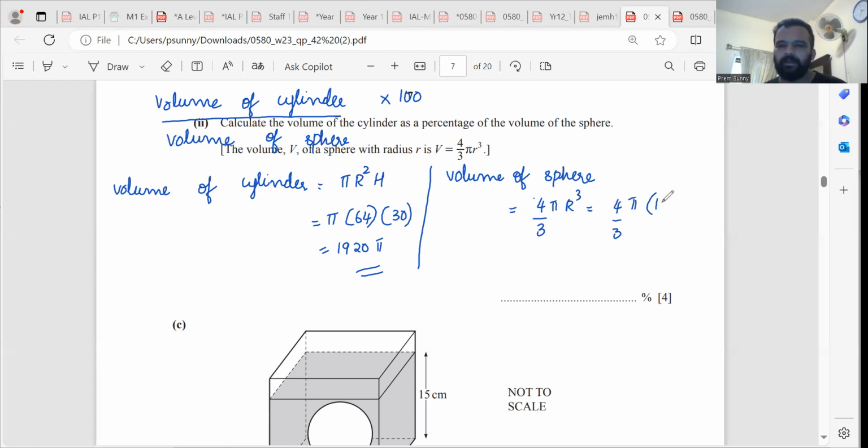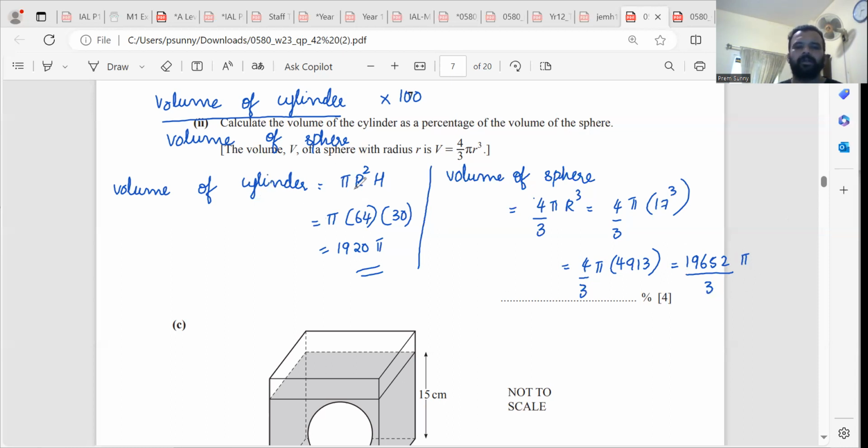So this gives 4 by 3 pi into 17 cube, which is 4913. Simplified further, 4913 into 4 gives 19,652. 19,652 divided by 3 pi. It will not get divisible, so I'll leave it as 19,652 divided by 3 pi.